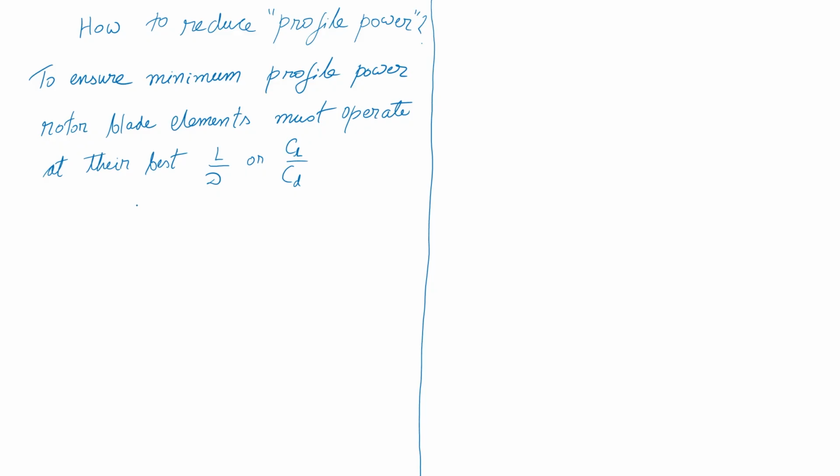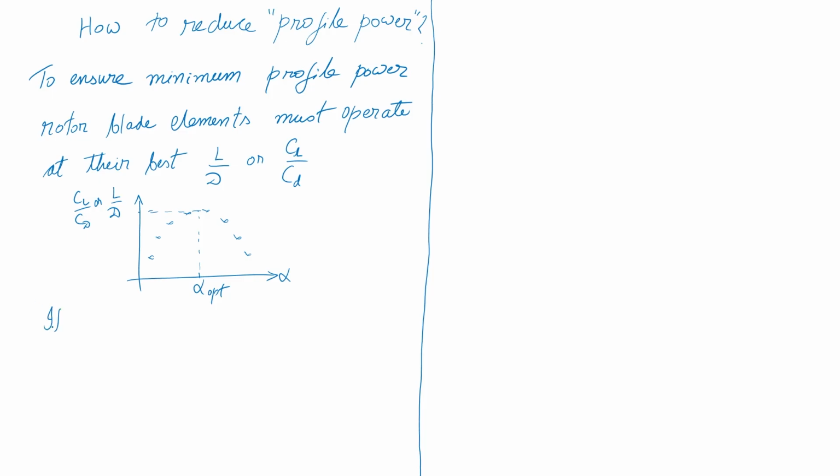Which means if you take whatever airfoil you have and draw the L by D graph for that, C_L by C_D versus alpha, we will find an optimal angle of attack, which corresponds to maximum L by D. I would want my airfoil to operate at this angle.